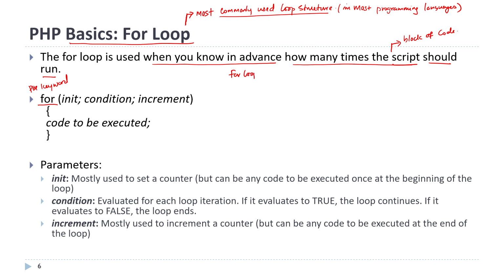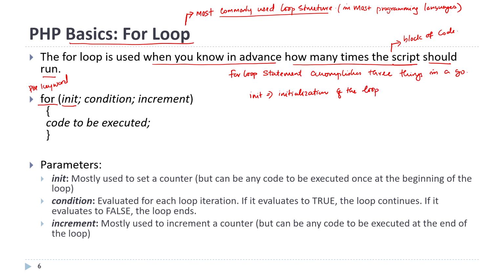The for loop statement accomplishes three things in a go. So, it has three parameters. The number one is the init, the initialization parameter. The init implies initialization of the loop.